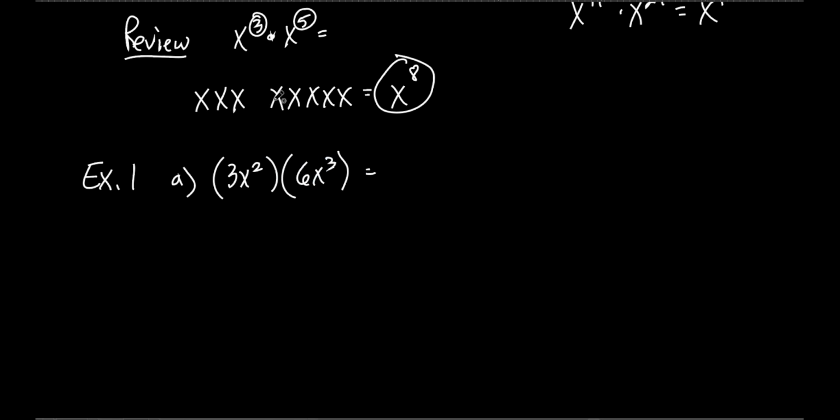Remember, this is a multiplication problem. So this 3 and this 6, I'm multiplying them. What's 3 times 6? It's 18. Then I've got x squared and x cubed. I've got the same base, so I keep the base the same and add the exponents, and that's 5. That's all there is to it.